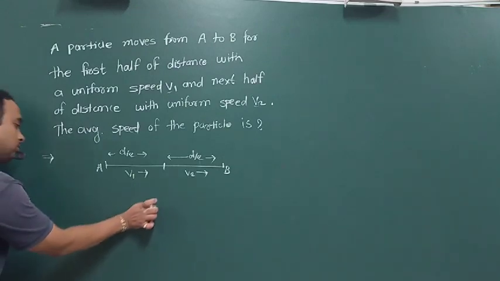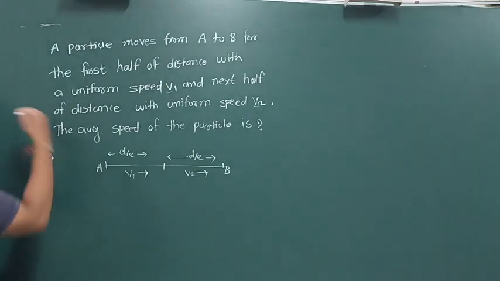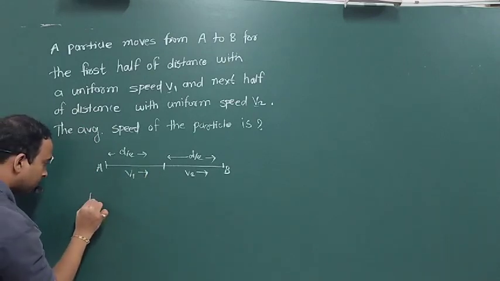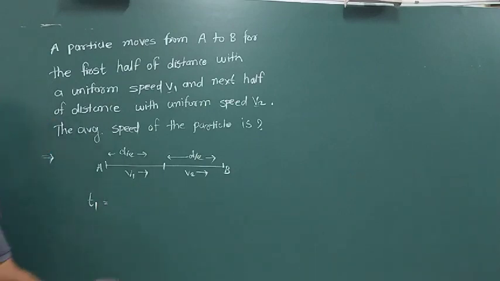Now distance is given, uniform speed is also given. So for the average speed we require time period. For the first half, time period t1 is equal to, we know the formula for speed, that means speed is equal to distance upon time.